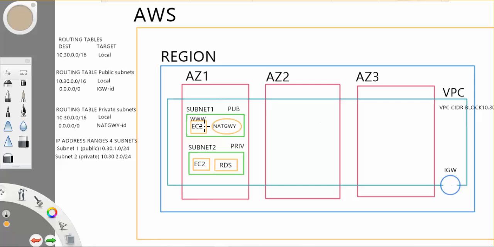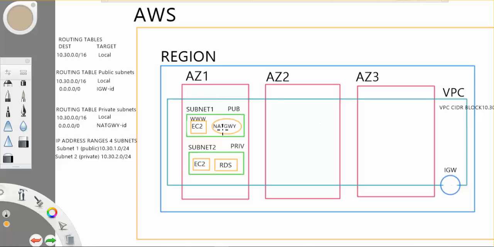But if you want to assign them a public IP address that can be accessible from the internet, you will have to assign one. This is what we saw when I showed you what happens whenever you assign a public IP address to an EC2 instance.